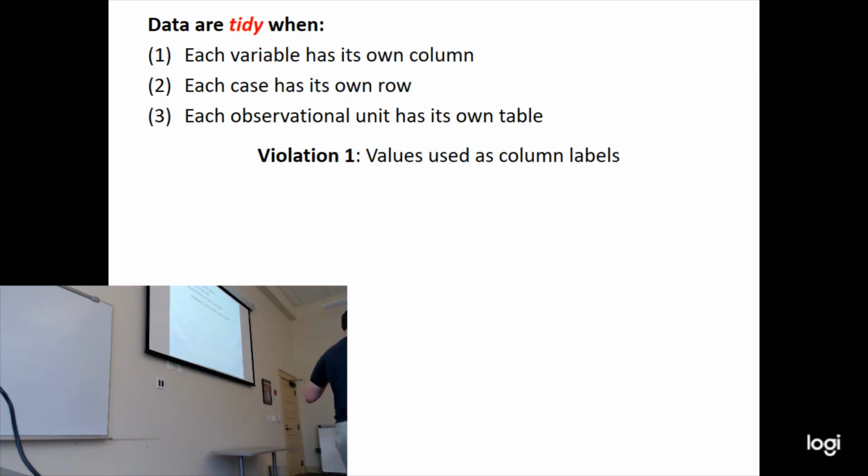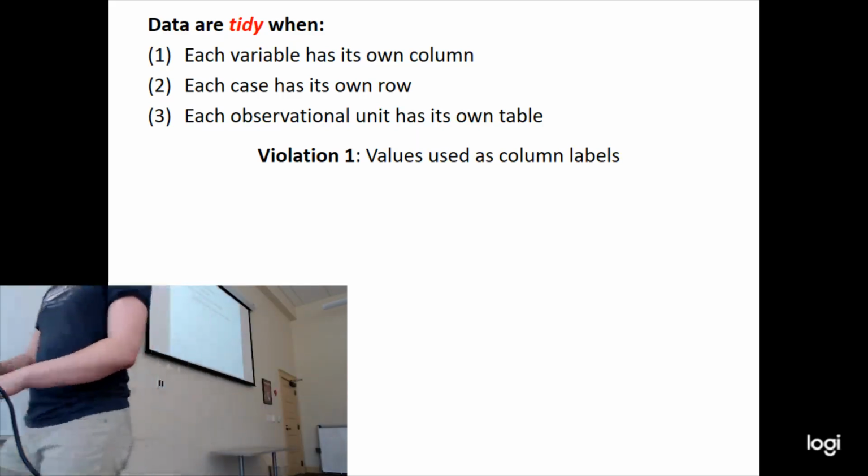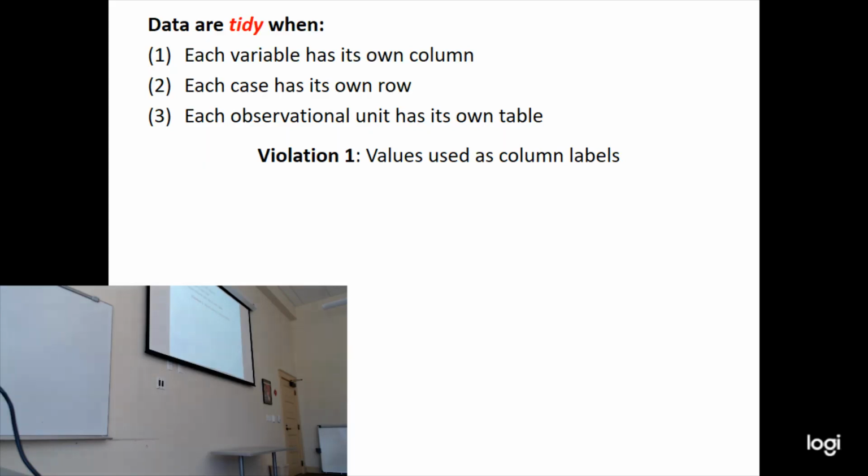One variation of this is that sometimes people use values as the labels of the columns rather than the names of the variables. So I'll show you schematically what this looks like.